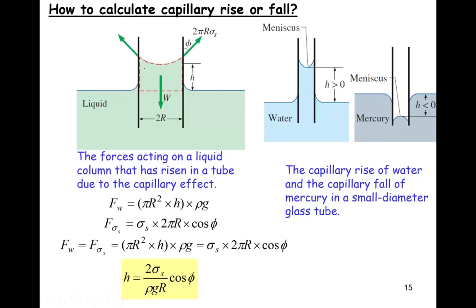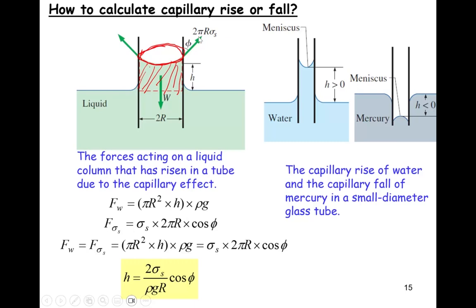You can see the weight acting downward should be equal to the normal forces acting upward, which is due to surface tension. If we consider it as a tube, these are the forces acting around the perimeter of the tube.